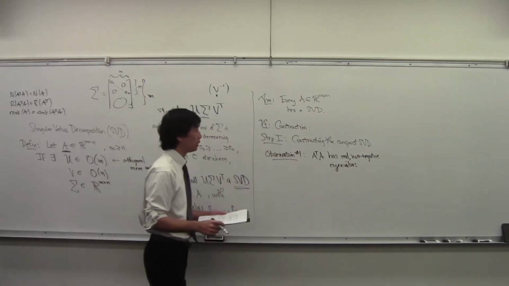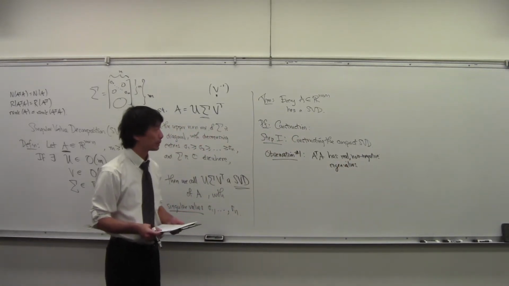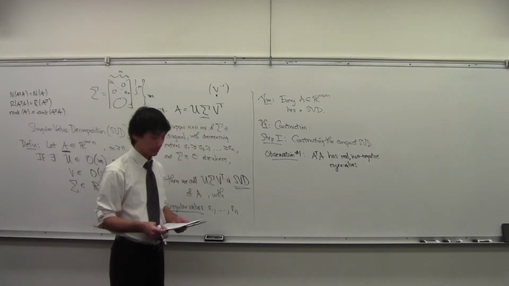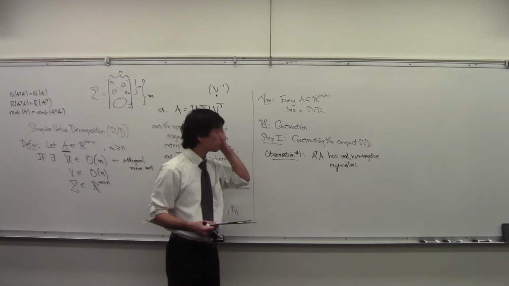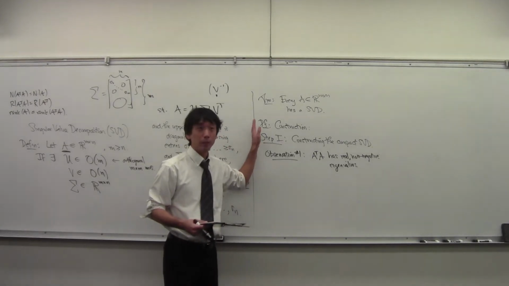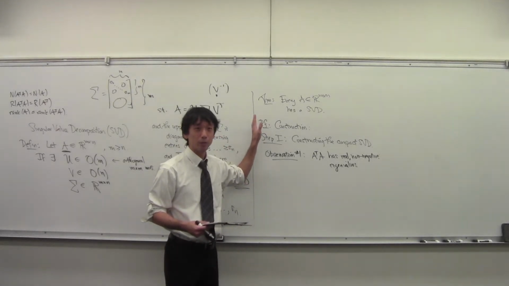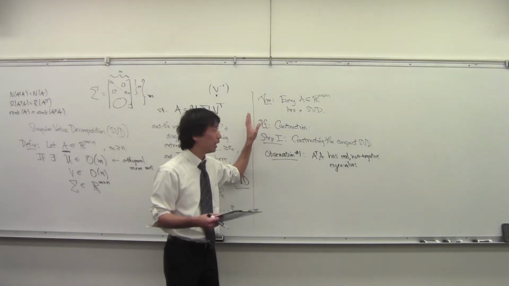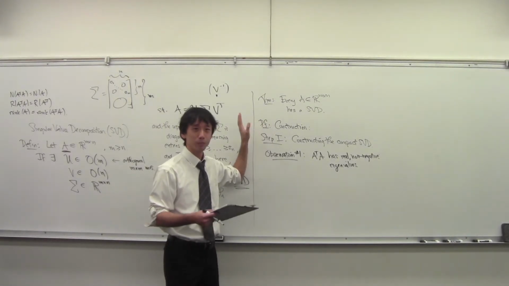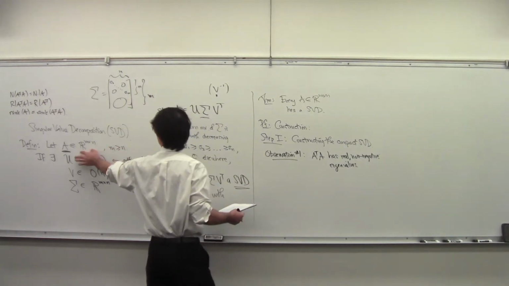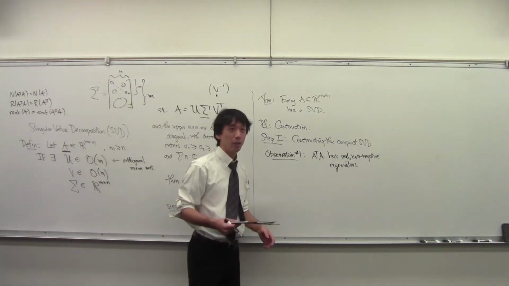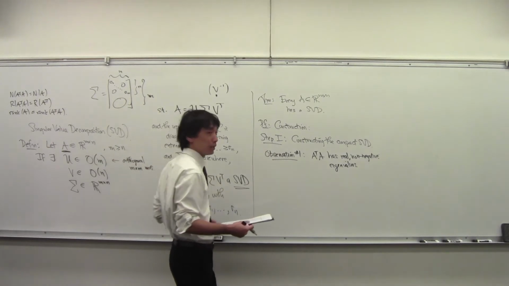A^T A has real non-negative eigenvalues. I should say that we're going back to the world of real numbers again. We're not talking about complex numbers here, just real numbers. So this is in R^n, not in C. This is a real matrix, not a complex matrix.